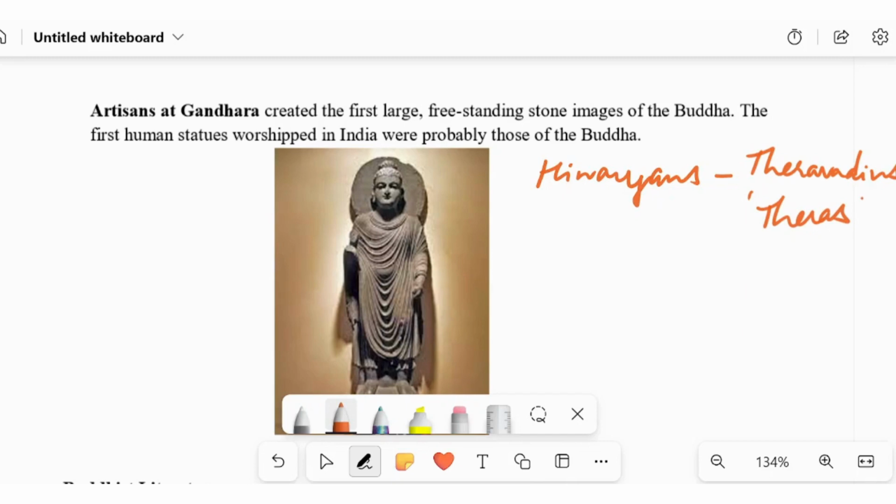Theras is a term used for respected teachers.